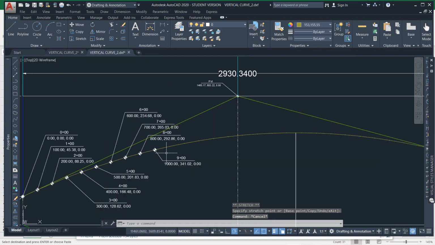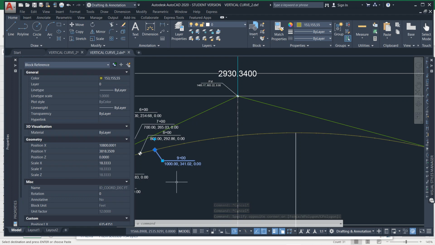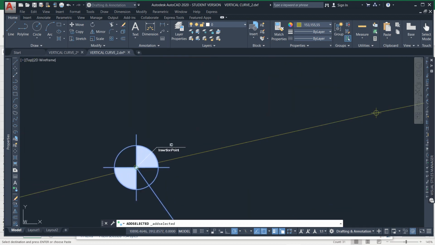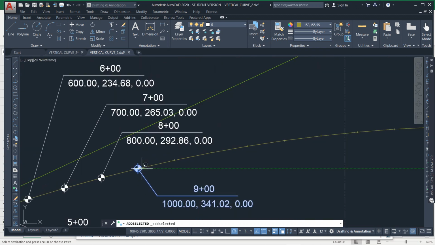So let's say you had this leader and you just want to take it and copy it. You could go like this, copy. All right, this is what I want to copy. Oh, that's not what I want to do. Copy.